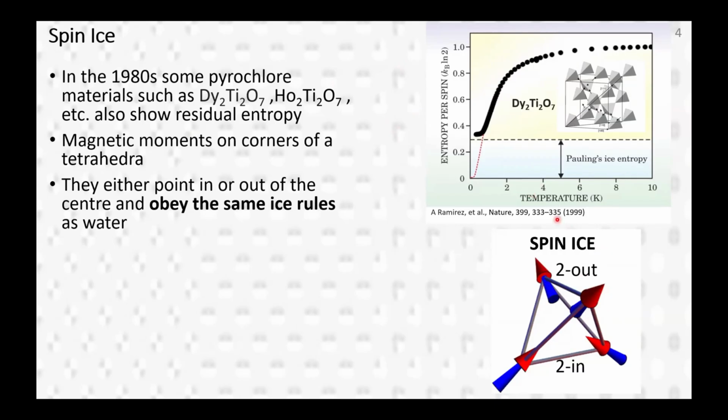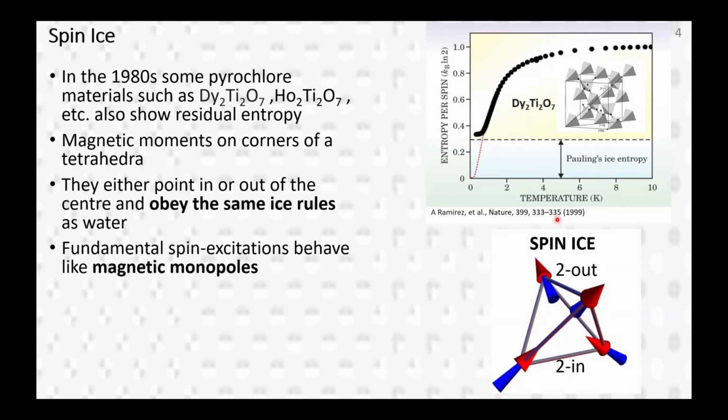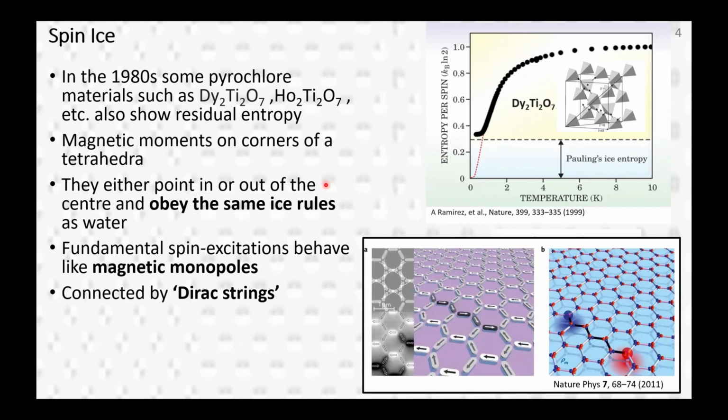So they basically observe the exact same geometric rules, and they have the same kind of thermodynamic properties. The fundamental spin excitations behave just like magnetic monopoles. These are quasi-particles, not real monopoles, which don't exist in nature as far as we know, but they obey the same laws of physics as if they would.